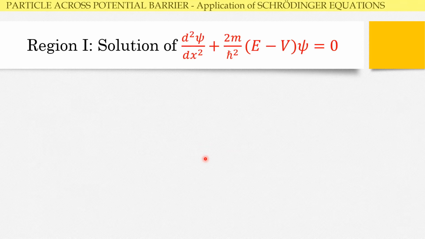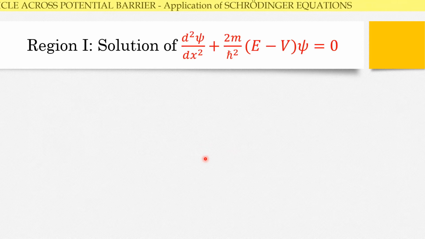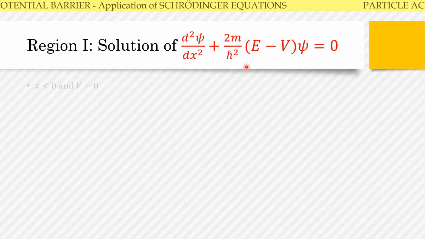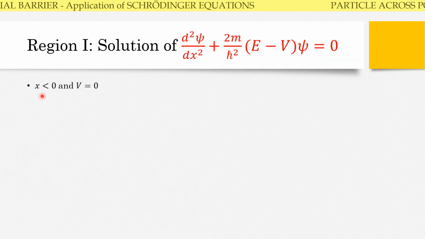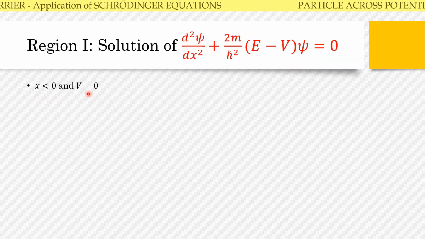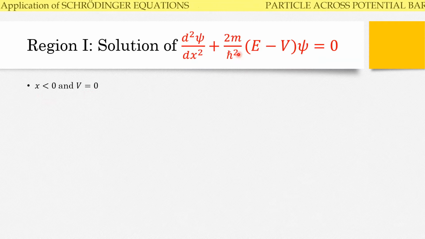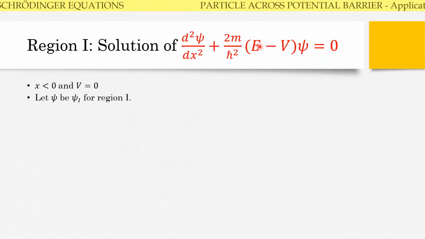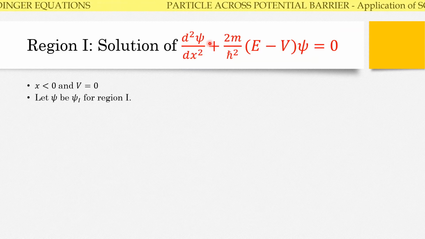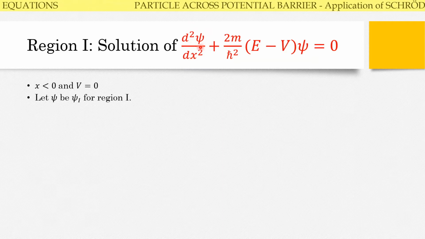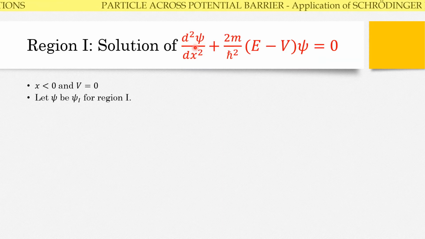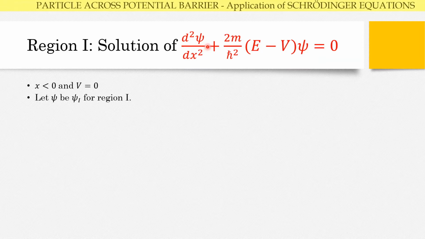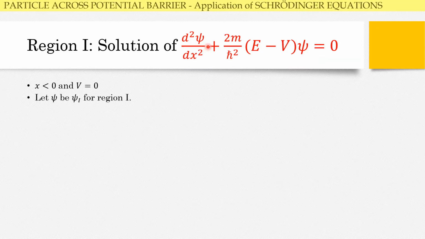So let us take first the region 1, and this is the time independent Schrodinger wave equation. So you know for the region 1, x is less than 0, and for the region 1 the potential is 0. So just substitute V as 0 here, and at the same time, in order to distinguish the wave function in the three regions, write psi 1 for the region 1, psi 2 for the region 2, and psi 3 for the region 3.